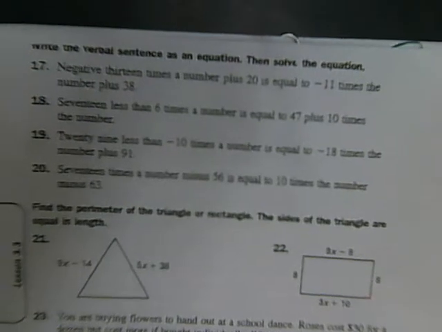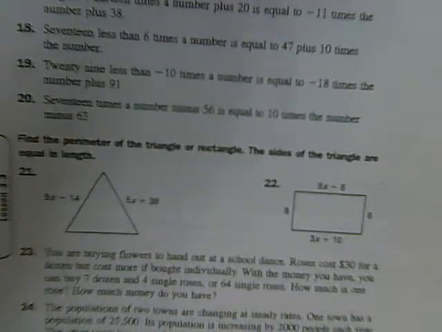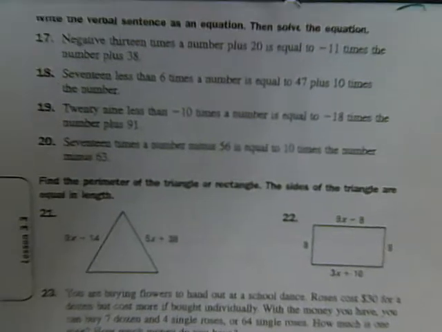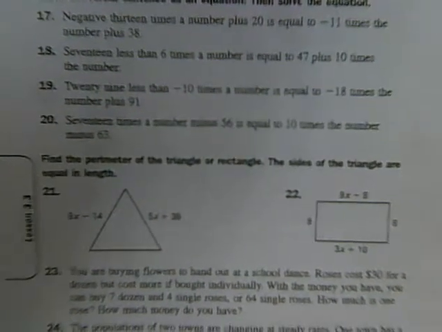This time, we're going to do number 17 on the next page. It says, negative 13 times a number plus 20 is equal to negative 11 times the number plus 38. So let's just start piece by piece of how we read it.